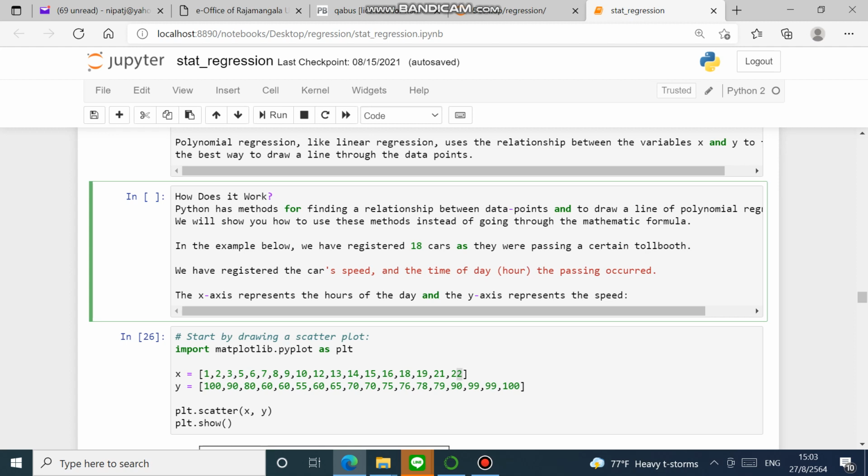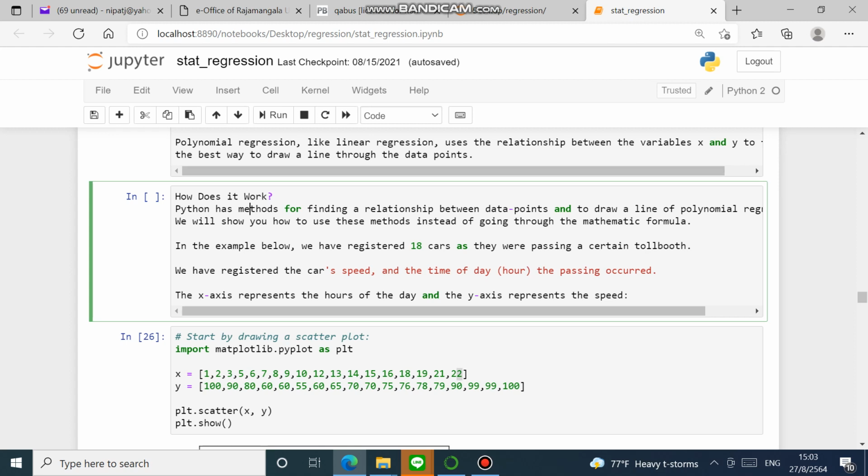Very basic, so you can compute it manually because you are only studying the relationship between two variables. But for polynomial regression, the mathematical formula is a bit complex, so it is difficult to compute manually. Look at this example.